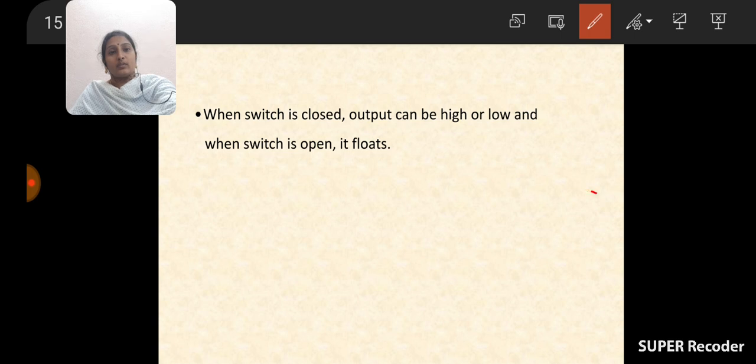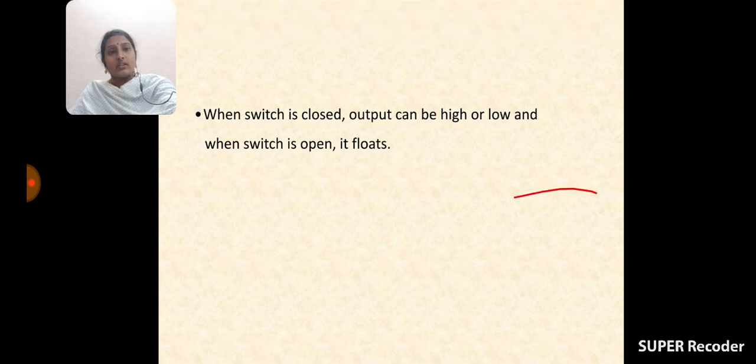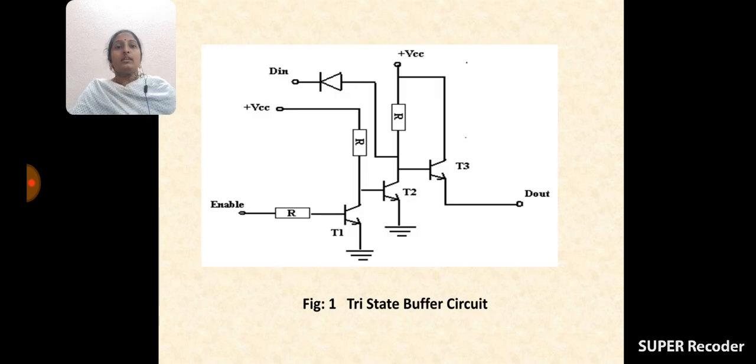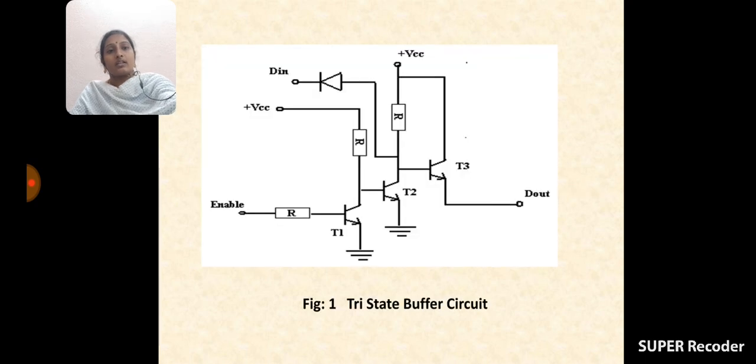and while coming to the next one, see here once. This is the circuit of a tri-state buffer. So here, see, the tri-state buffers are designed with the help of semiconductor devices. Those semiconductor devices are what? Transistors.